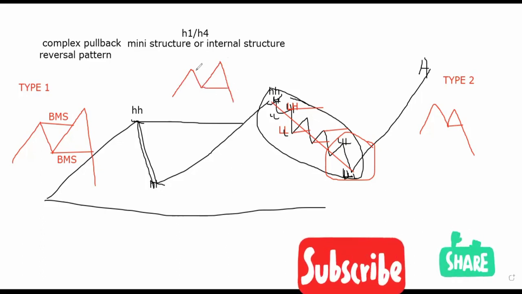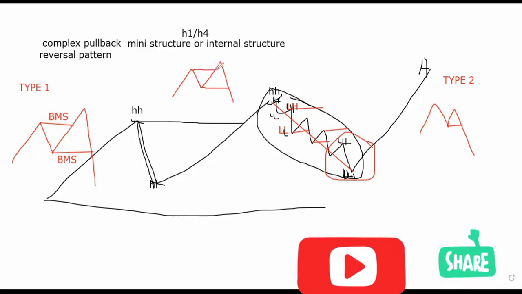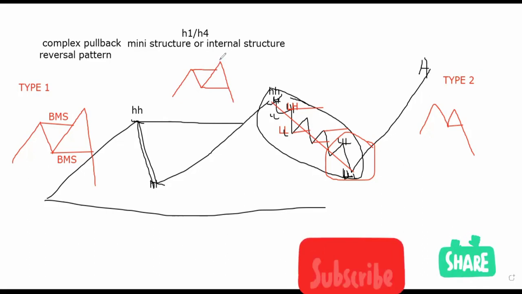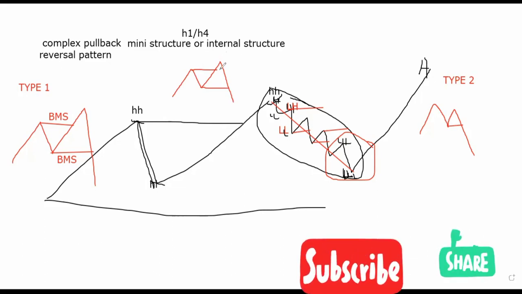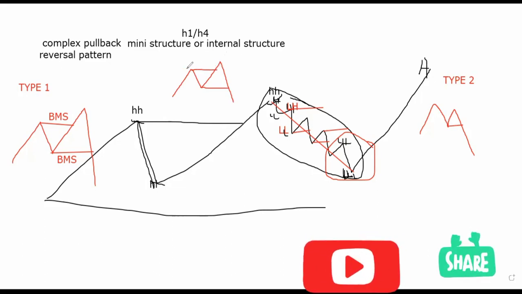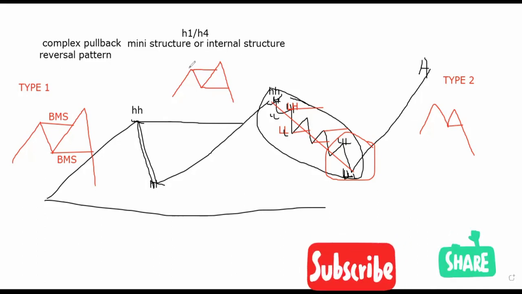And on your lower time frame, this will also be a BMS, right? But on your higher time frame now, this will just be a wick, in the sense that there will not be a candle close below this former high. This is our previous swing high. I don't know if you understand it.